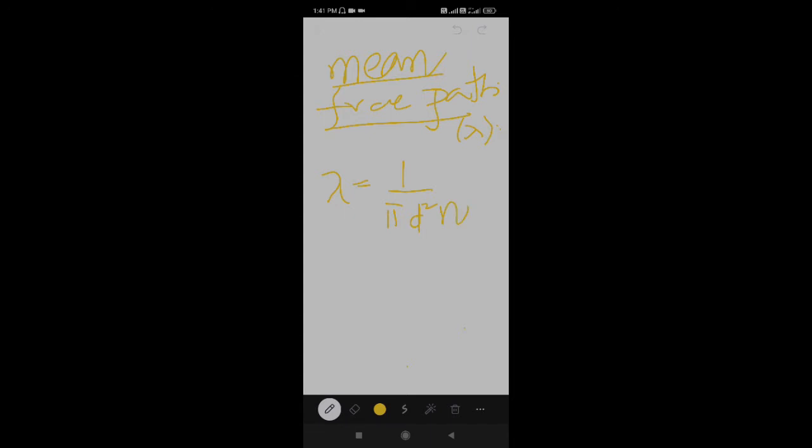Here d is the diameter of the molecule, and n is the number of molecules per unit volume. Okay, if n is large, what happens?